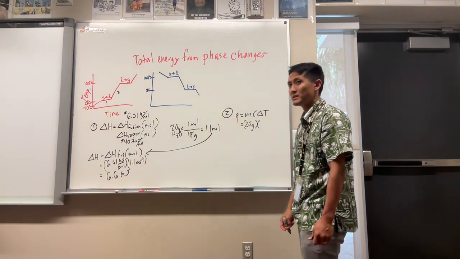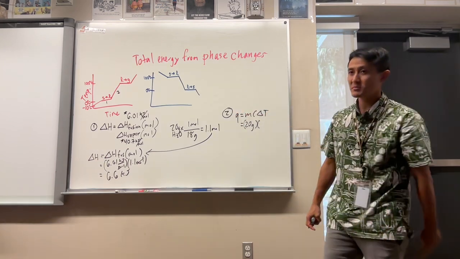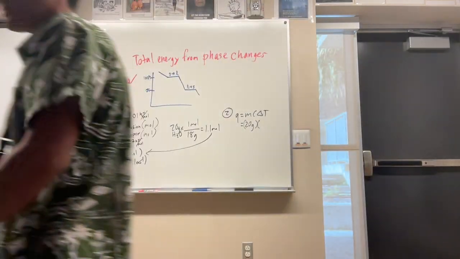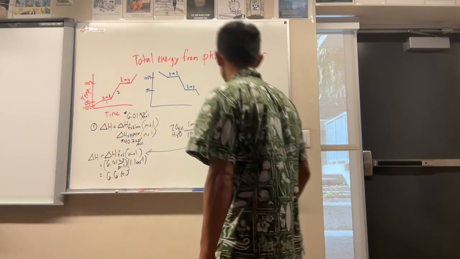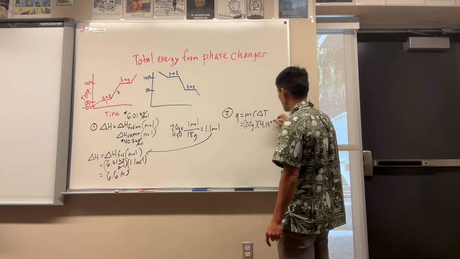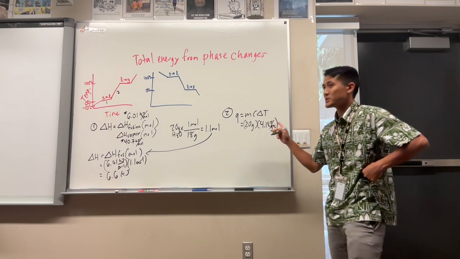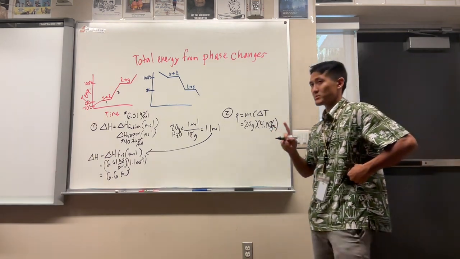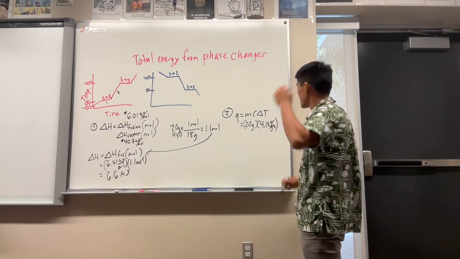If you don't remember, look at the back of the periodic table, right next to Q equals mcΔT. For liquid it's 4.18 joules per gram degree Celsius. Remember, that's how much energy it takes to raise 1 gram of water by 1 degree Celsius.